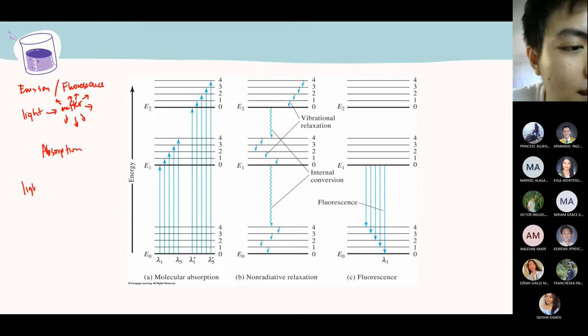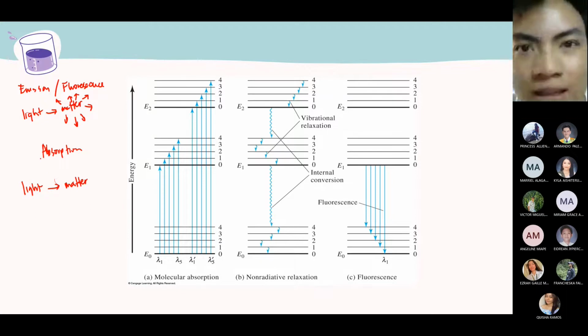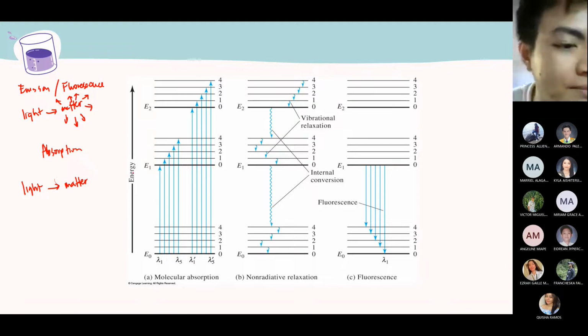So, yung light natin, i-absorb yan ng matter. I-absorb niya lang. And depending on how much light is absorbed, we can identify the concentrations or the type of chemical bonds present in your matter.